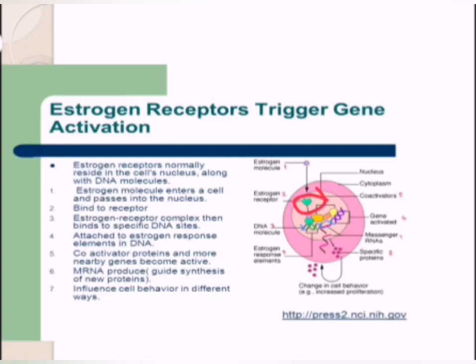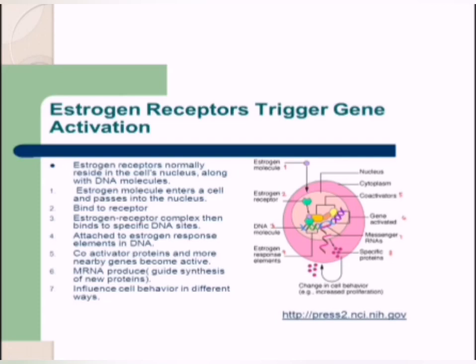The estrogen receptors normally reside inside the cell's nucleus with the DNA molecule. When estrogen diffuses across the cell membrane, it can pass into the nucleus. It binds to its specific receptor, and this will initiate a response inside the cell.